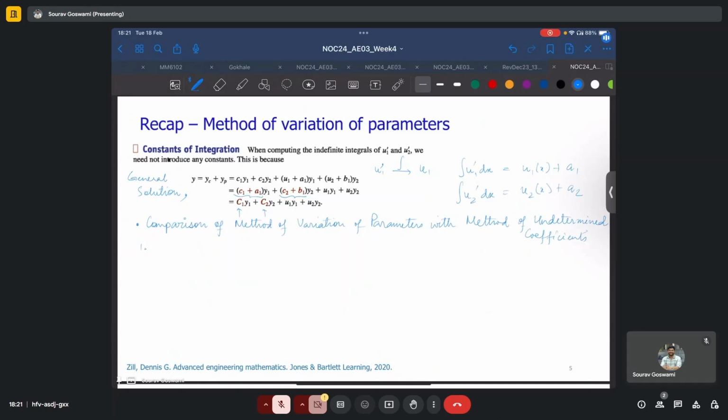So the method of variation of parameters always yields a particular solution. It's a very strong word, but it does always yield one.